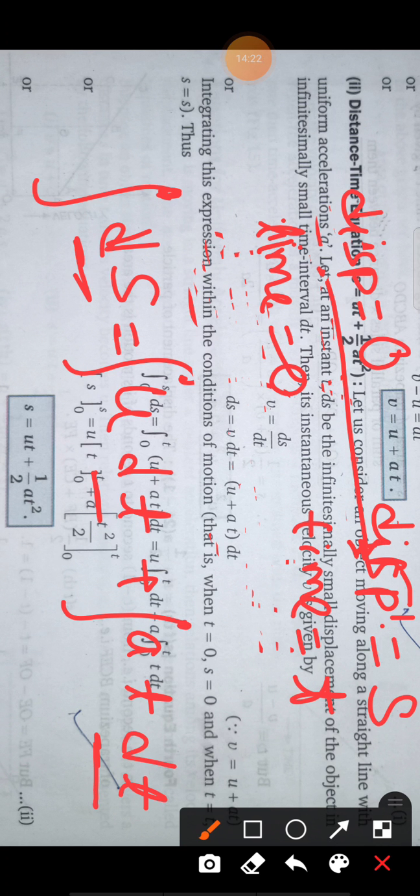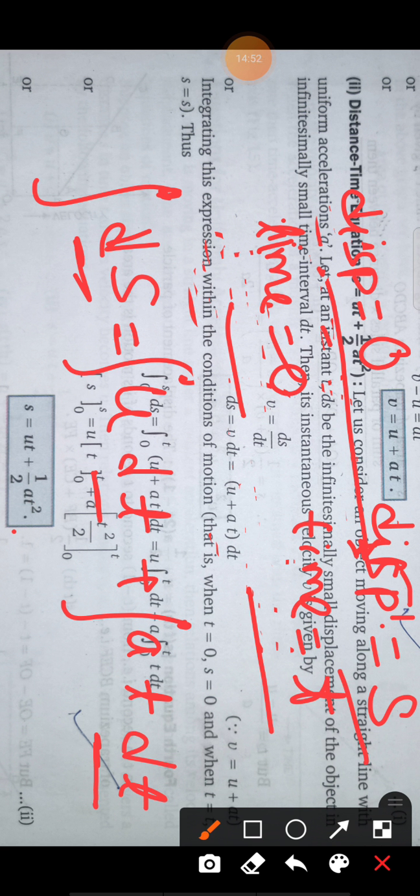You can take time from t1 to t2 and displacement from s1 to s2, I don't have any problem, but in that case you will not get this equation. Then you have to again assume that initially time was 0. So time varies from 0 to t and displacement varies from 0 to s.